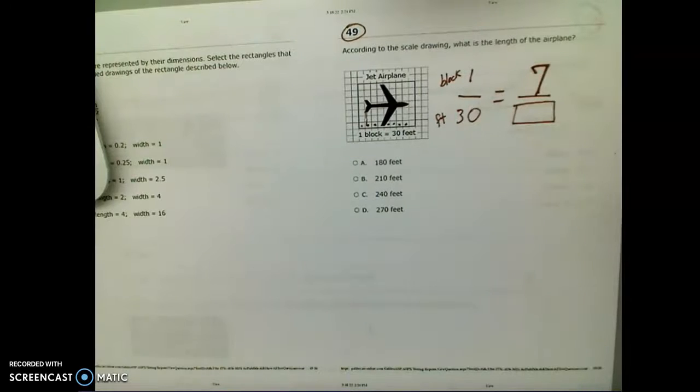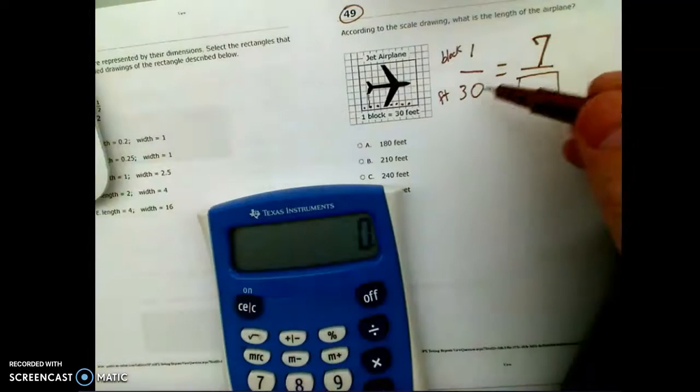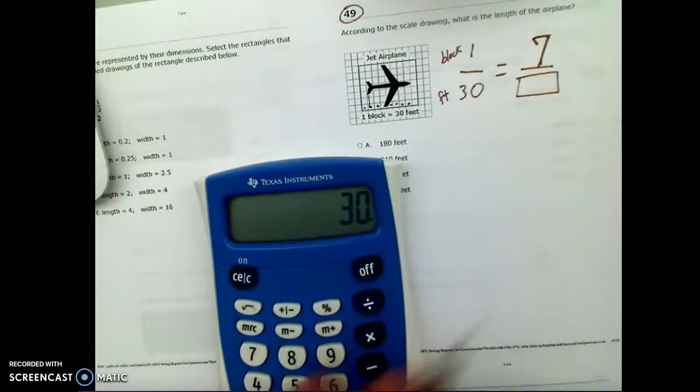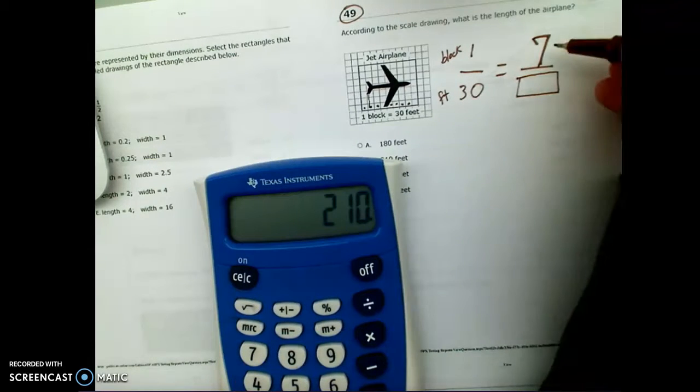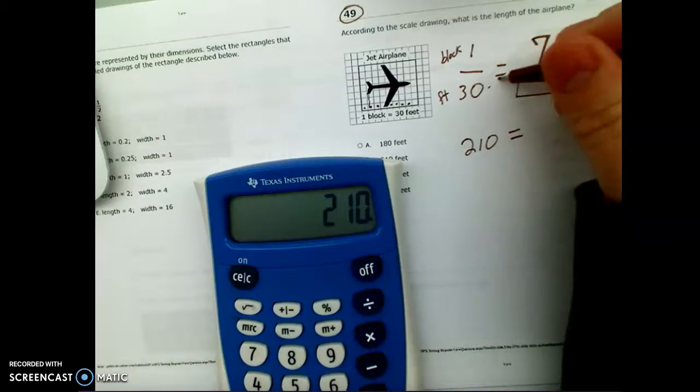Now I have a proportion set up, and I'm going to use cross multiplication to find out this missing piece of information. Okay, so here we go. I'm going to do 30 times 7, which equals 210. So that was this way.